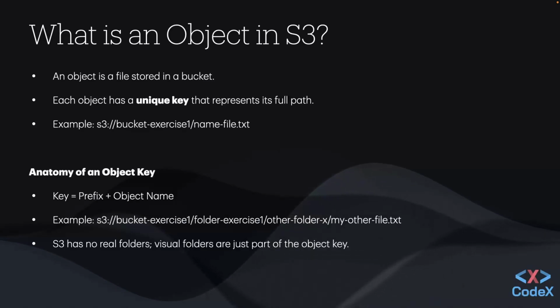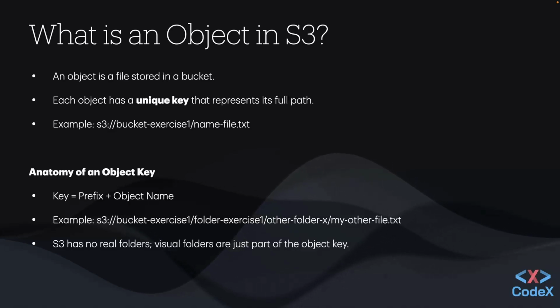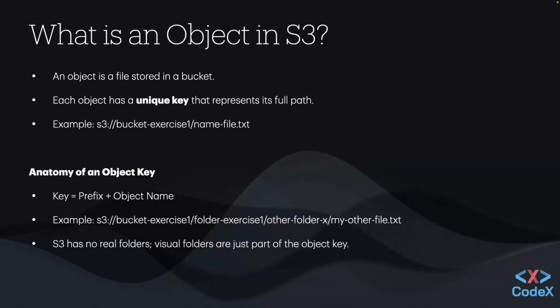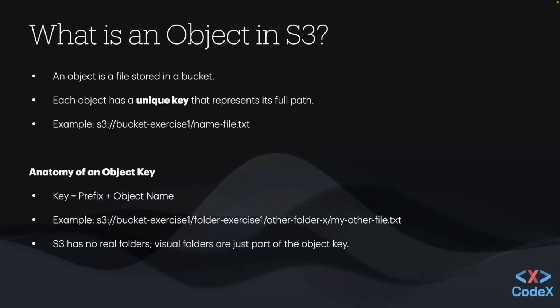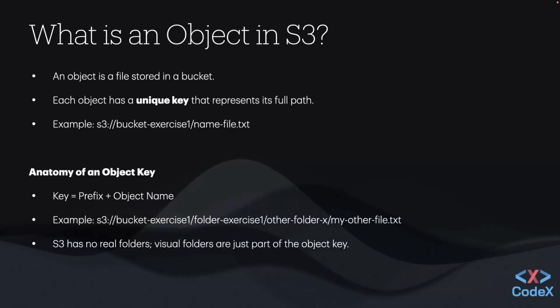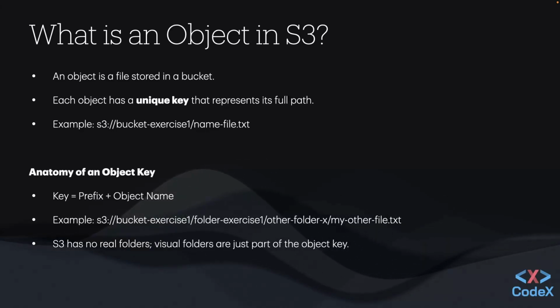Anatomy of an object key. A key is made up of a prefix, similar to a folder path, and the object's name. For example, S3://bucket-exercise-1/folder-exercise-1/other-folder-x/myotherfile.txt. It's important to clarify that in S3, real folders do not exist, even though the AWS console visually presents them that way.